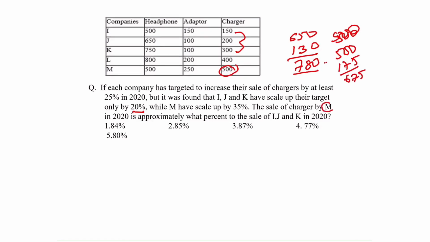So sale of M is what percentage of IJK in 2020? So 675 is what percentage of 780 into 100.